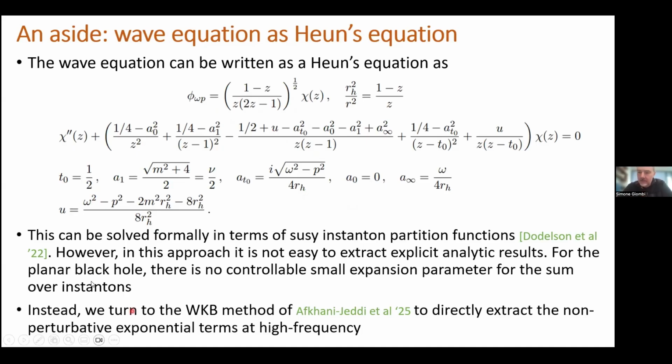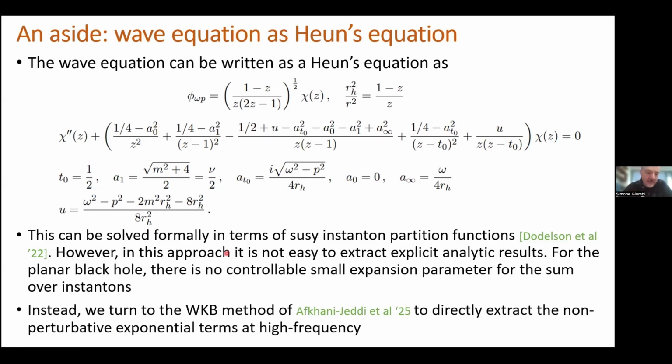But using that in practice is very hard because it's an infinite sum over instantons, and there is no really small expansion parameter in the case of the planar black hole. The sum goes in powers of some parameter, and that parameter is just 1/2 in the case of the black brane, so there isn't a way to meaningfully truncate it.